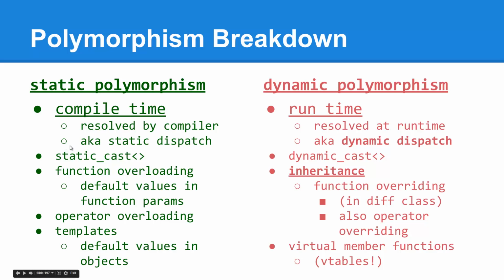So for the left side, we have static cast, which involves no runtime checks at all. It is a compile time decision that determines whether or not the intended referent is actually valid. Compared to here, dynamic cast, which involves checks that are built in by the compiler to run at runtime to determine whether or not the intended referent is a valid casting choice.